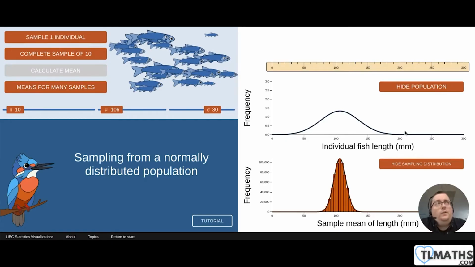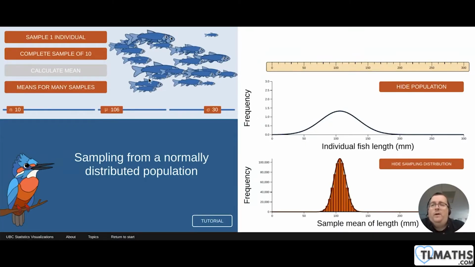Well, the reason for that is because as you are taking samples of size 10, what's happening is that sometimes you will catch a large fish in that sample.